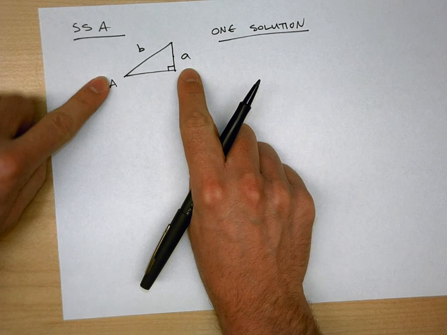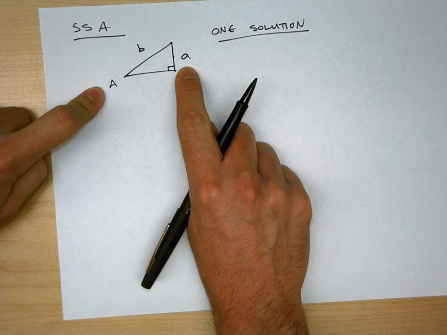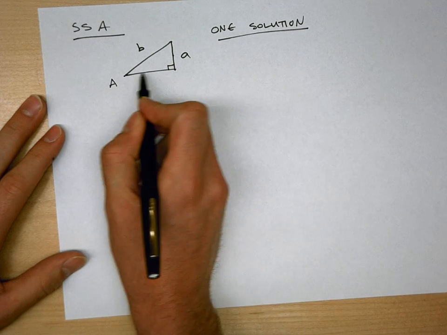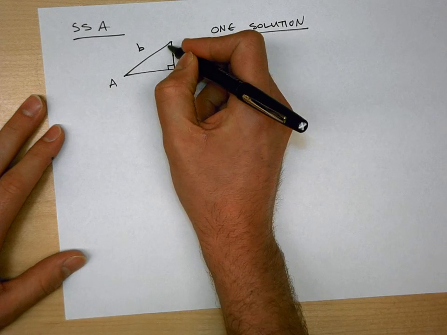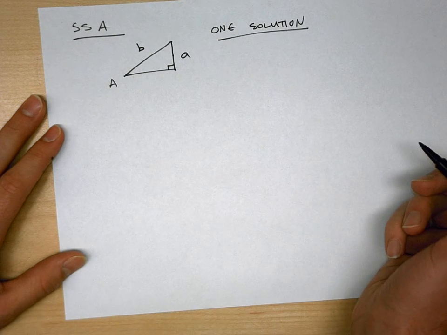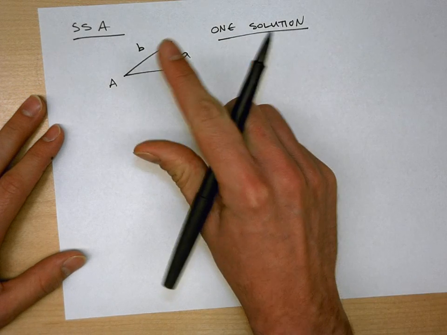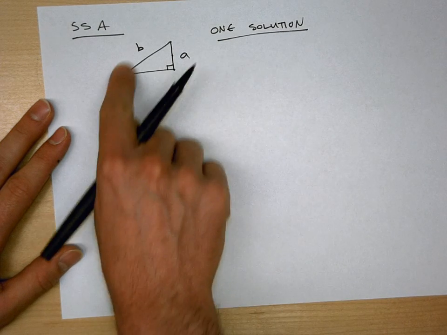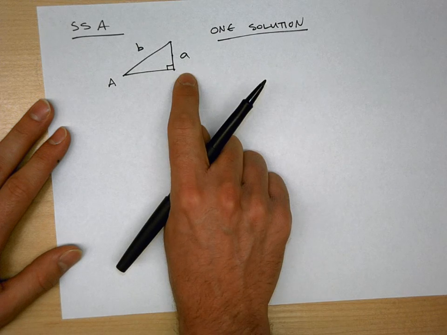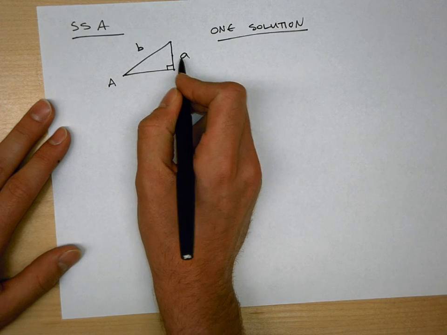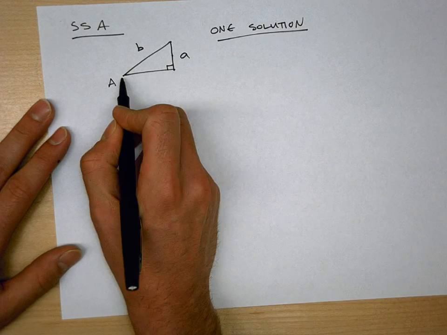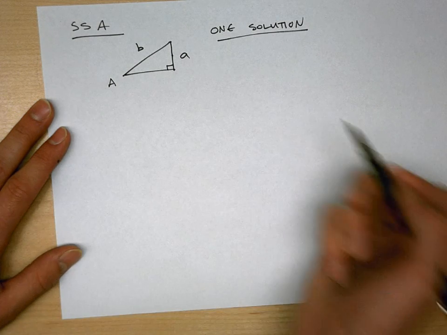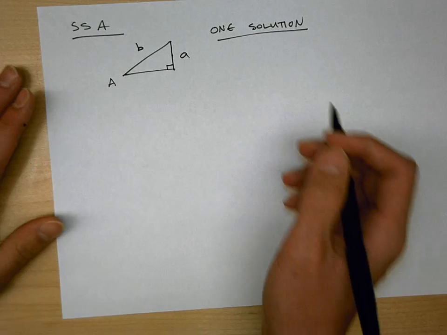So if we only have these 3 pieces and everything else can be modified as much as you want, like you can make this length as long as you want it to be, or you can make this angle up here or this angle down here as wide or narrow as you want it to be, when we're stuck with just these things being fixed, the only time there's 1 solution is if this side, little a over here, intersects perfectly with this side over here, c. We weren't given what the length of c was.